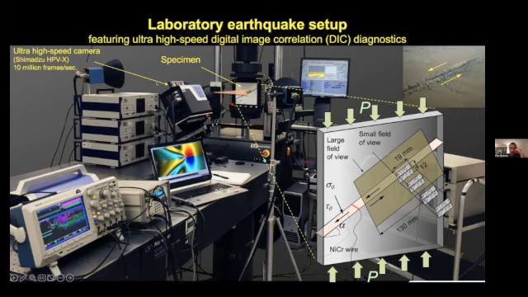Then, using a high-speed camera, which can go to very high speeds, up to 10 million frames per second, we can observe a portion of the interface, which can be either small or large, depending on the type of observations that we want to make. We'll deal with the sequence of images in the way that I will detail in a minute.